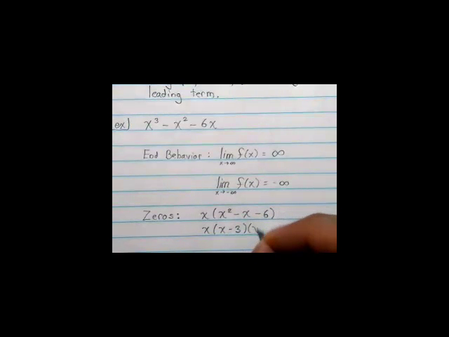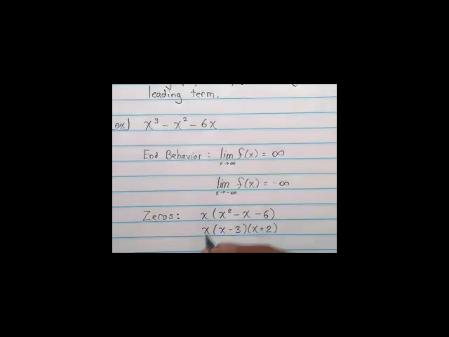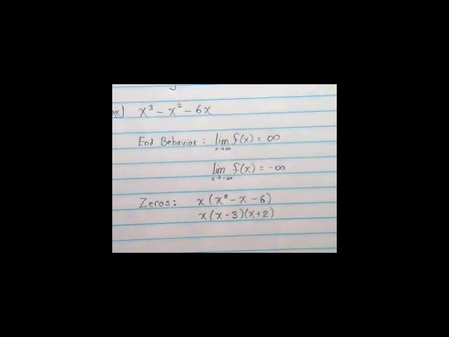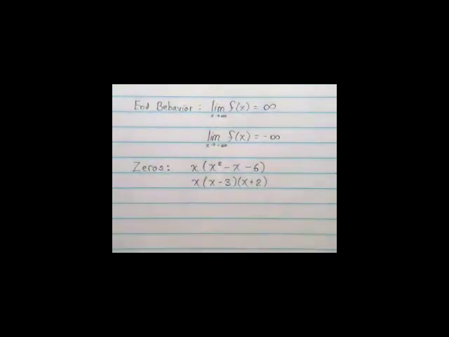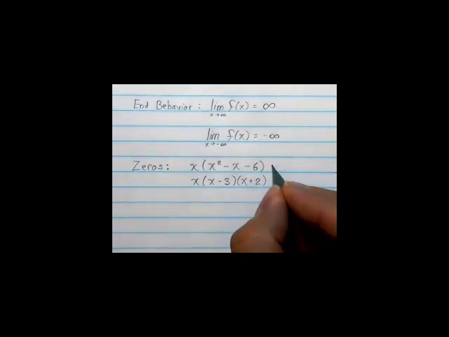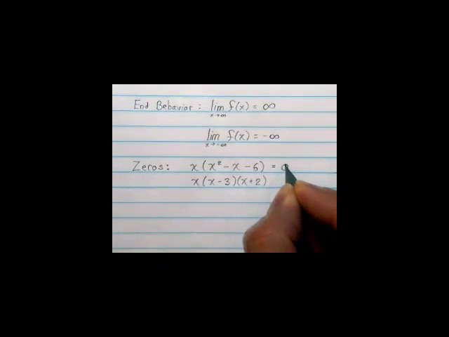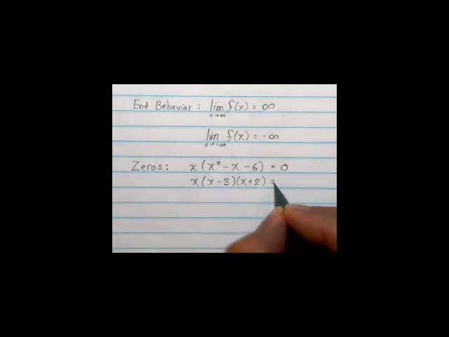So if I factor that polynomial, and don't forget the x here still, because I still took out that x, it's got to be there. But now I've got this thing fully factored. X times x minus 3 times x plus 2. And if I want to find the zeros, remember, I'm curious about where is that equal to 0.